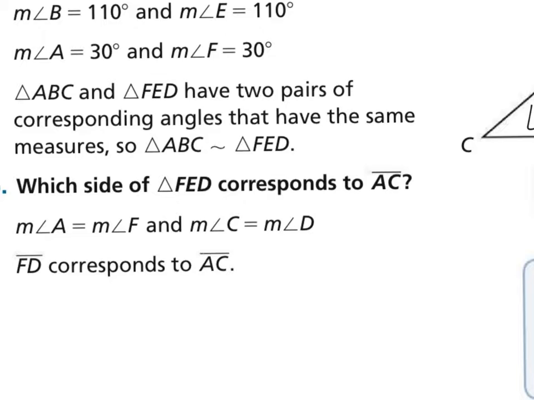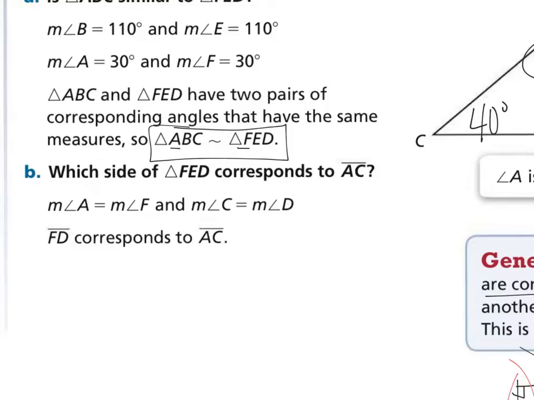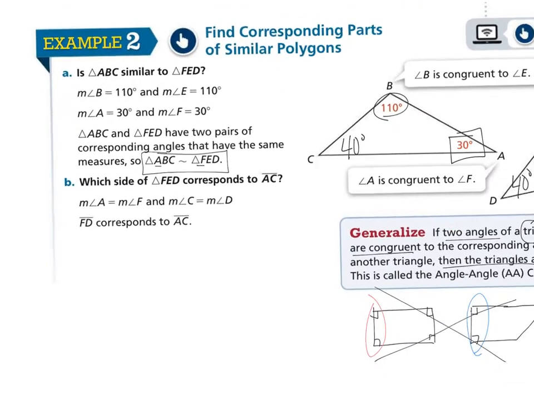So they said here, triangle ABC is similar to, remember that little squiggly means similar to, triangle FED. Now, when they say that, the order they have their letters in is important. ABC, FED. Look at where these letters are. Here's an A and an F are the first letters. Let's go back and look at our picture here.